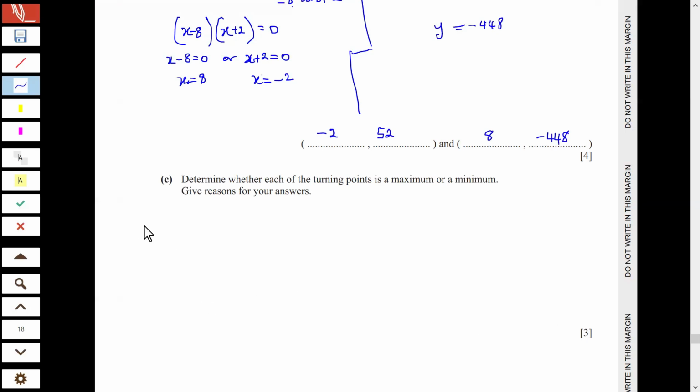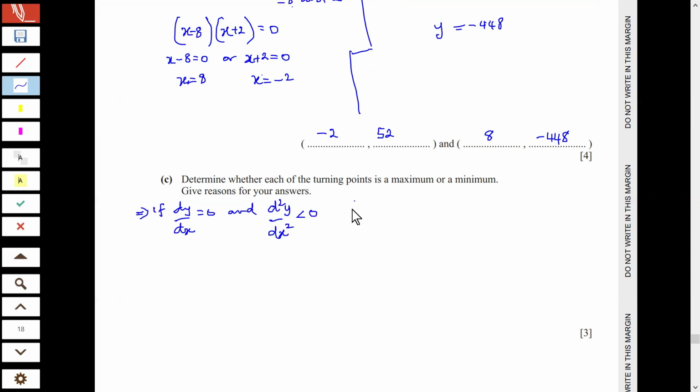The first condition: if dy/dx is equal to 0, and the second derivative, d squared y over dx squared, is less than 0, then the turning point will be a maximum.